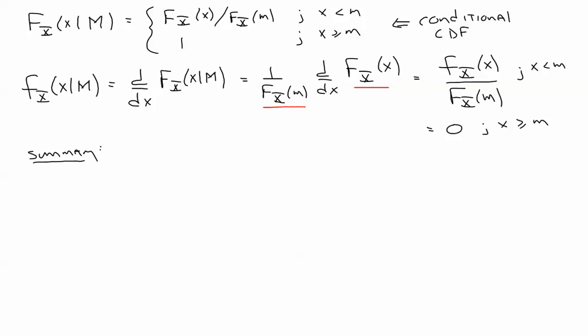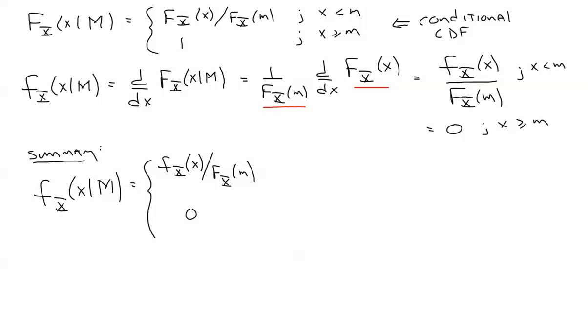All right. So in summary, my conditional PDF equals, right? And once again, keeping in mind that my non-conditional cumulative distribution function for x evaluated at m is less than 1.